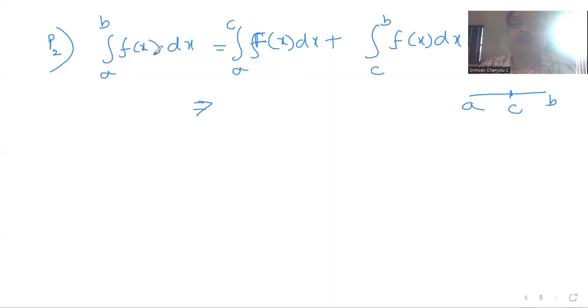Integral a to b f of x dx can be written as a to c f of x dx plus c to b f of x dx. It doesn't matter, because within these boundaries a to b, you can choose any point c, integrate your function between a and c and between c and b, add them up, and you'll get the total value, which will be equivalent to straight away integration.